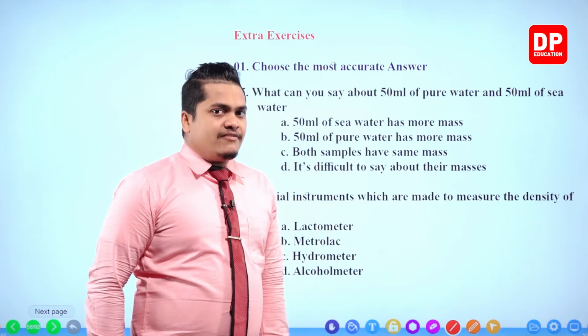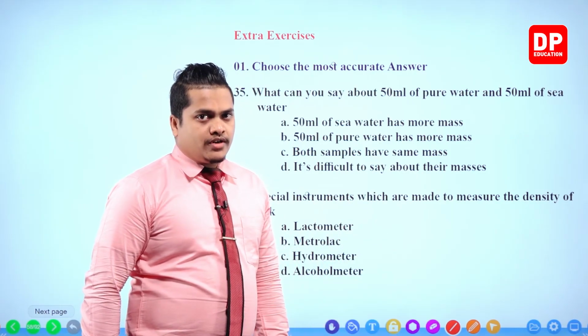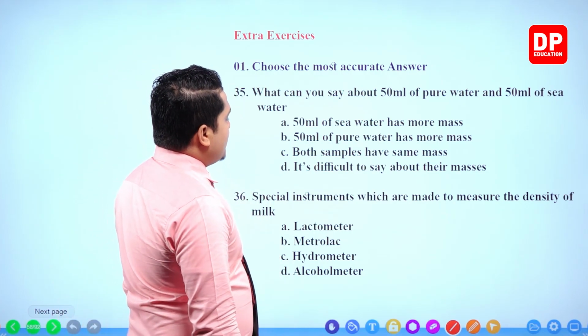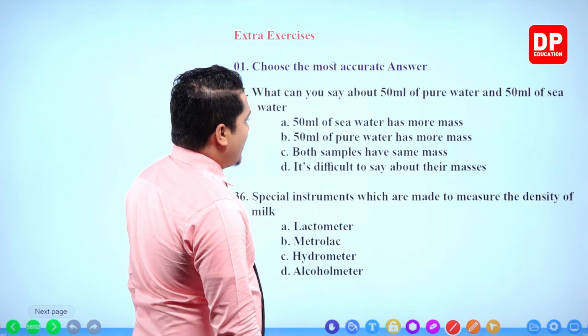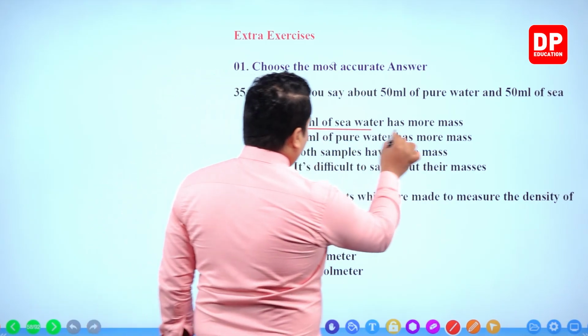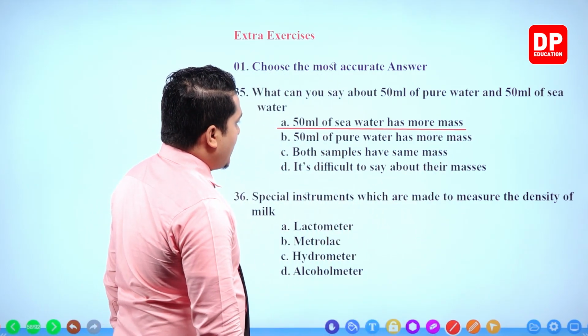The mass of sea water is greater than the mass of pure water. So let's go for the answers. 50 milliliters of sea water has more mass. Absolutely, this is correct. That should be the answer. We'll see the other ones. 50 milliliters of pure water has more mass.